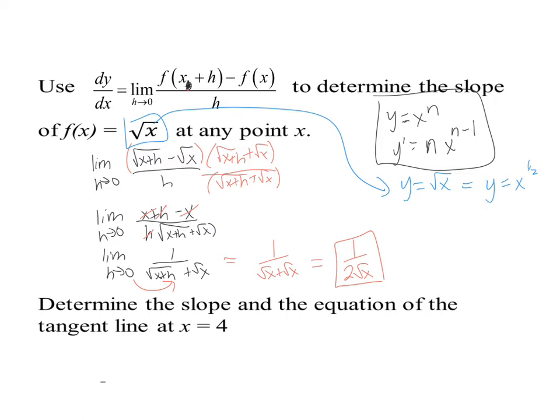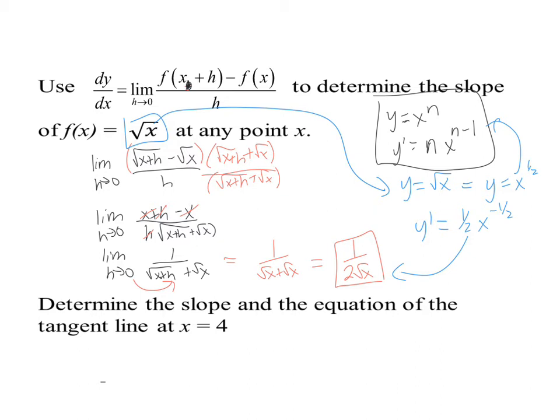Let's apply it to this formula. Our derivative would be n, which in this case is a half, times x to the n minus 1, so half take away 1 would be negative a half. That's what we would get using that little shortcut we just figured out, but does that match the answer that we actually got when we did limits?